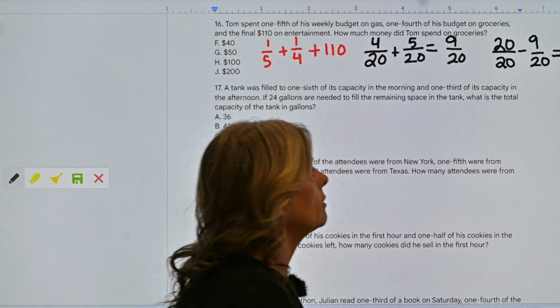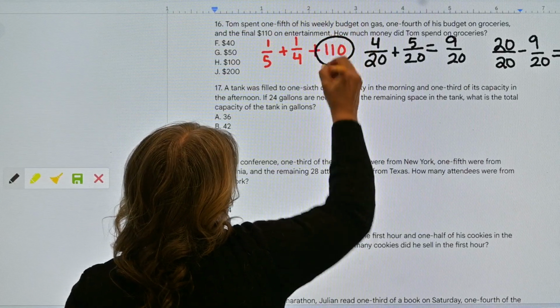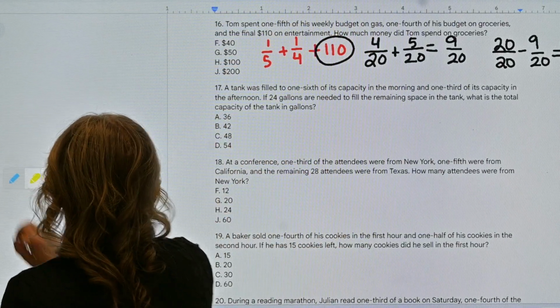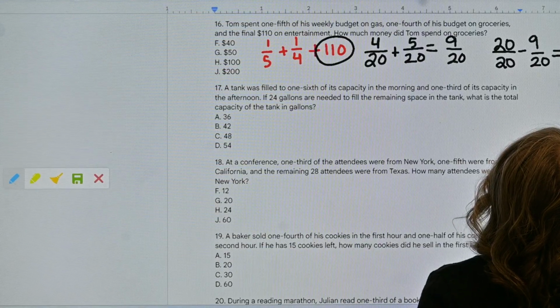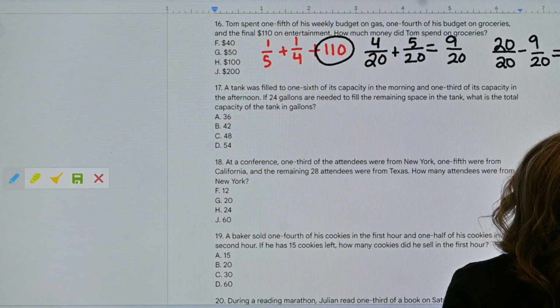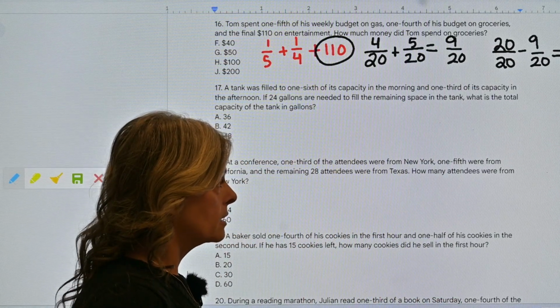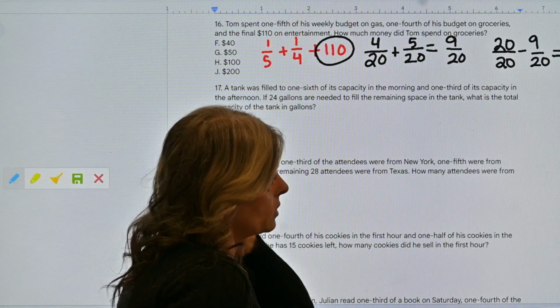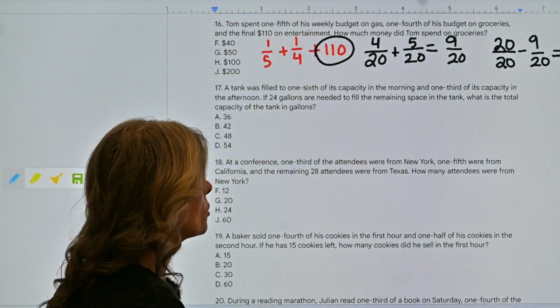and that gets you 11 left over, okay? So we're going to take this 110 and we're going to divide it by 11, okay? So 110 divided by 11 equals 10. So for every 1/20th, it's 10, okay? So it's asking, how much did he spend on groceries?